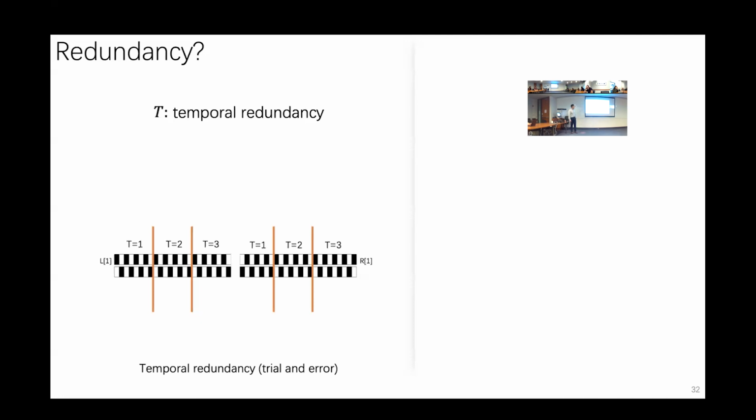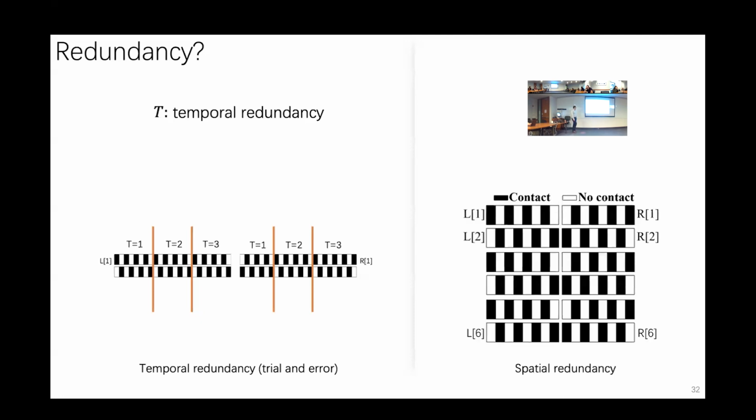The second redundancy we considered is spatial redundancy. Instead of repeating all those steps temporally, we repeat all those steps spatially. That means at each instant, there are multiple steps simultaneously interacting with the terrain. The advantage of spatial redundancy is that any perturbation on a single step will be shared by the entire robot.